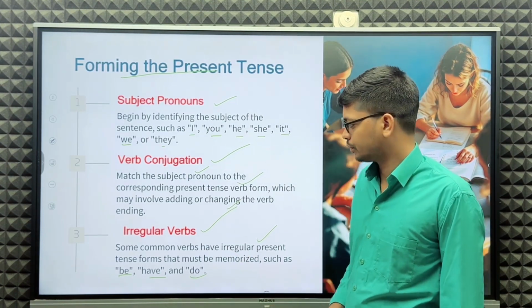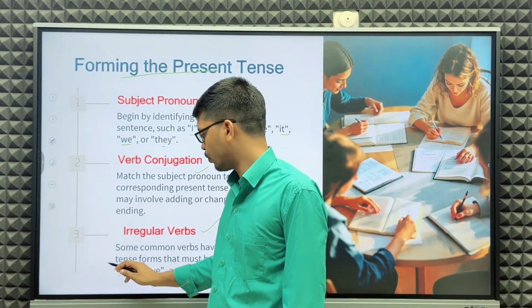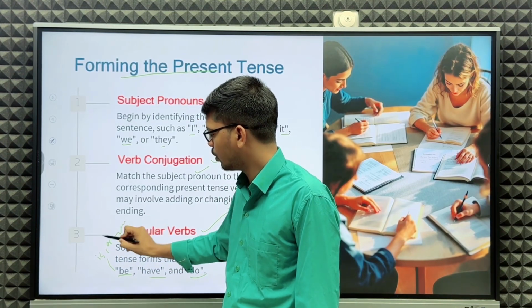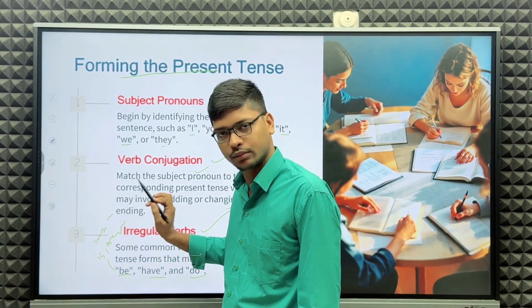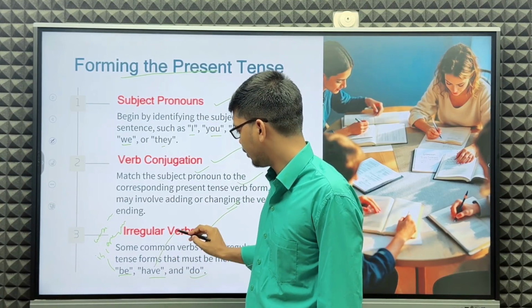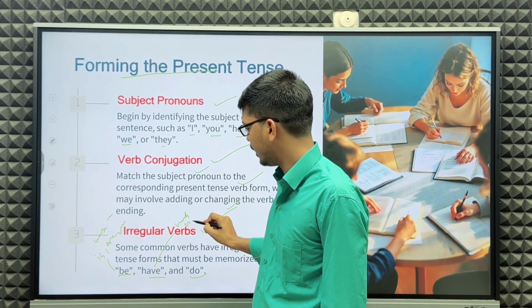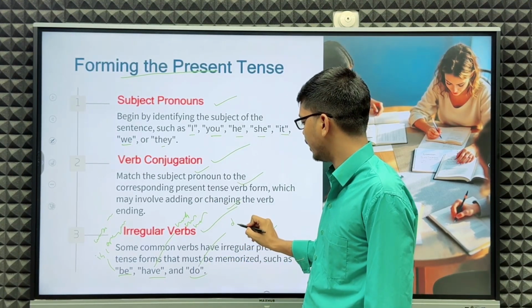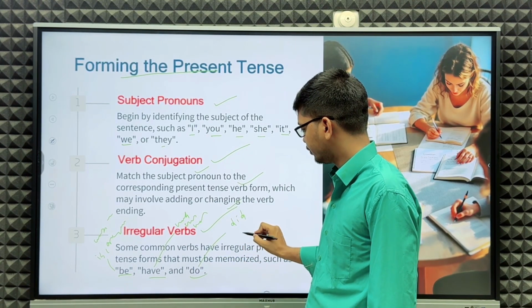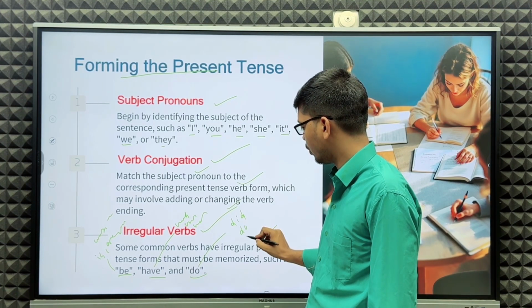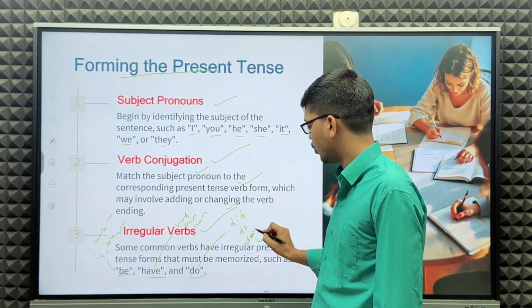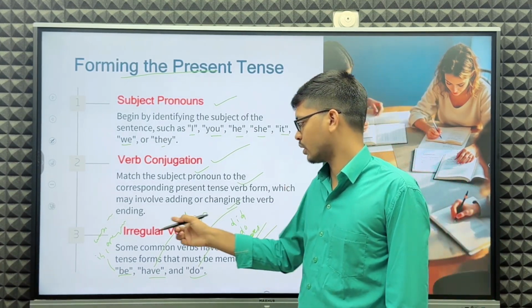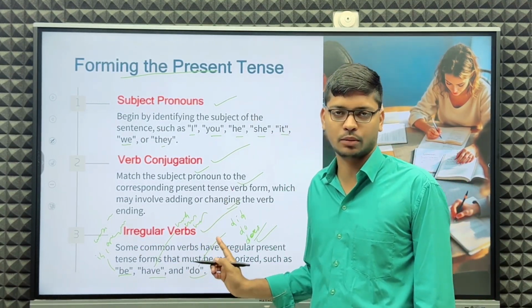Be forms: is, are, am, was, were. Have forms: have, has, had. Do forms: did, do, does. Okay, I hope you know these are irregular verbs.